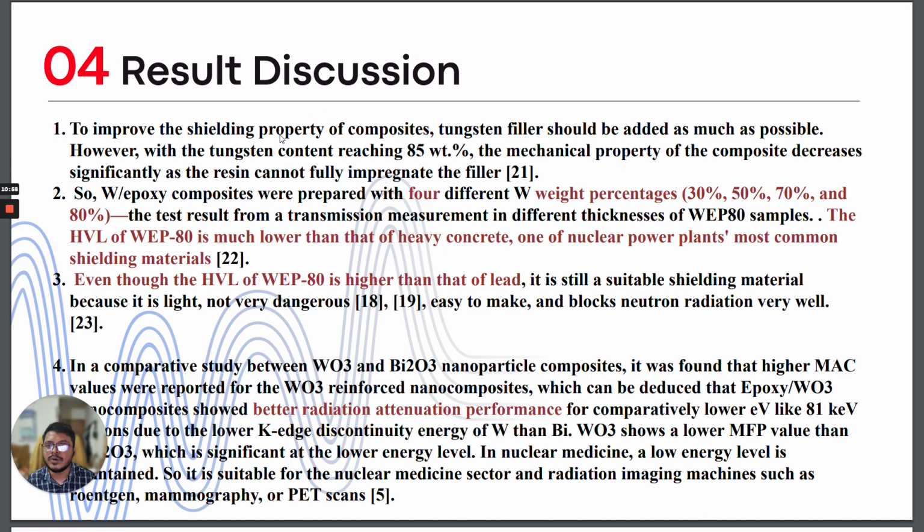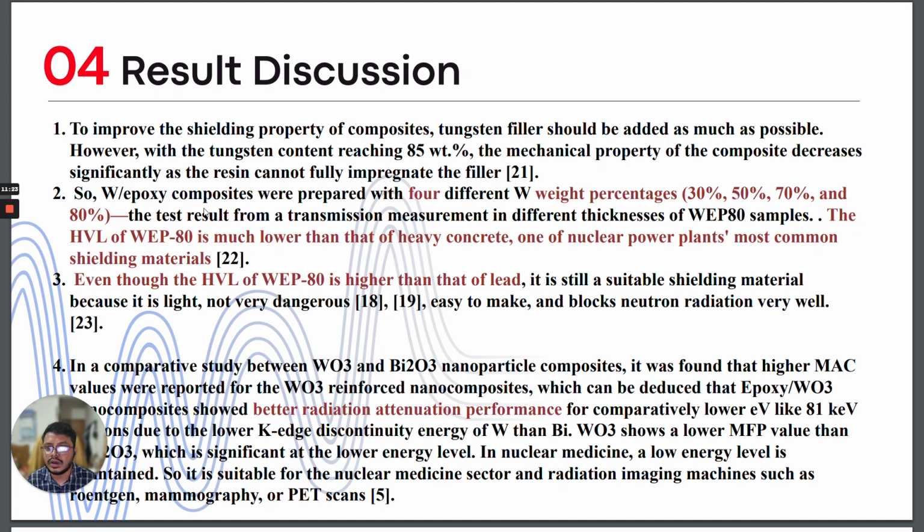To improve the shielding property of a composite, tungsten filler should be added as much as possible. However, with the tungsten content reaching 85% weight percentage, the mechanical property of the composite decreases significantly as the resin cannot fully impregnate the filler.